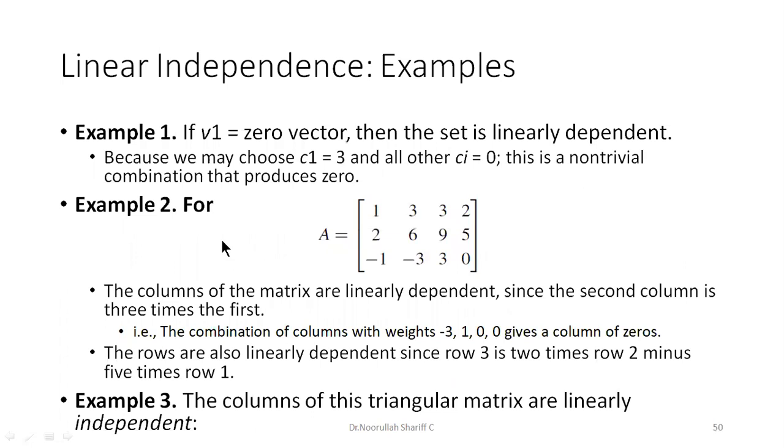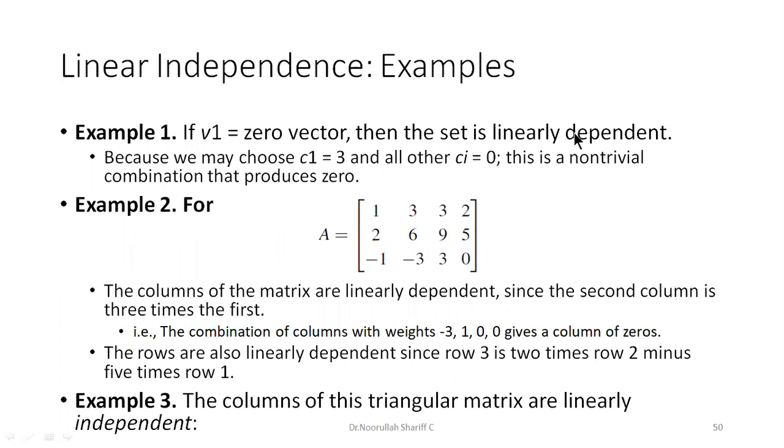Now let us take examples for linear independence. If any one of the vectors v1 to vk is a 0 vector, then the set is linearly dependent.